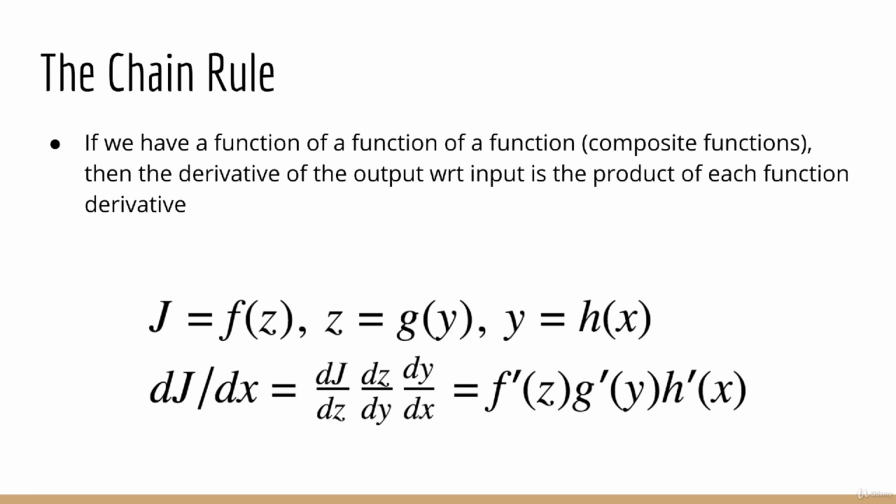Whenever you have a function of a function of a function and so on, you can use the chain rule to find the derivative. So for example, suppose we have J equals f of z, z equals g of y, and y equals h of x. Then the derivative of J with respect to x would be dJ by dz times dz by dy times dy by dx.